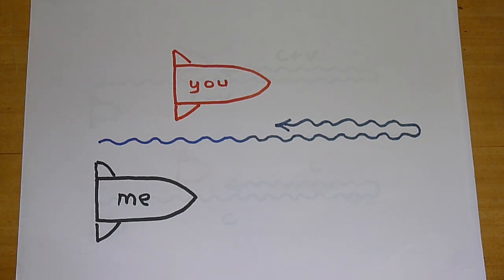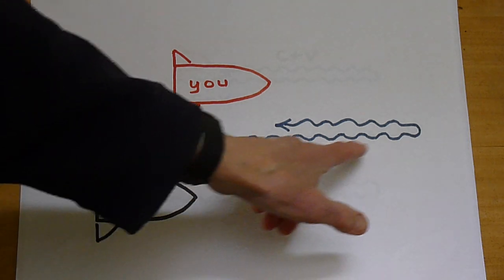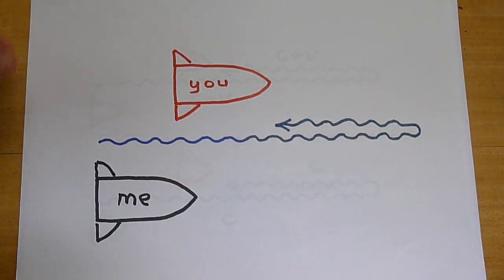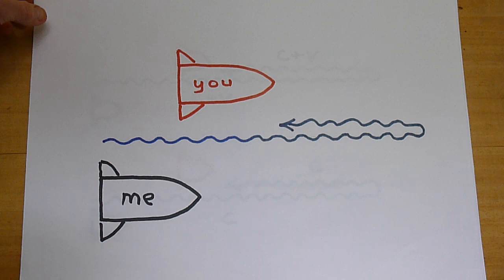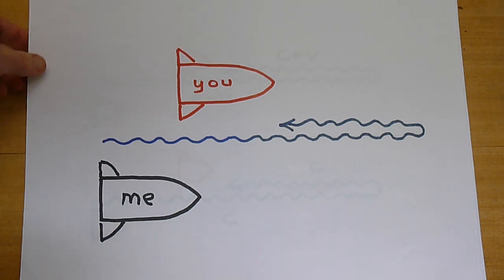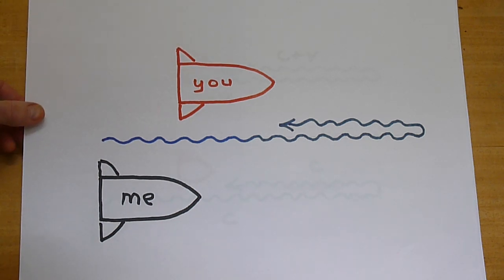Now, before relativity, the common sense interpretation of this, from my point of view, if I assume that the pulse has velocity c on both legs of its journey, out and back, it must have two different velocities for you.